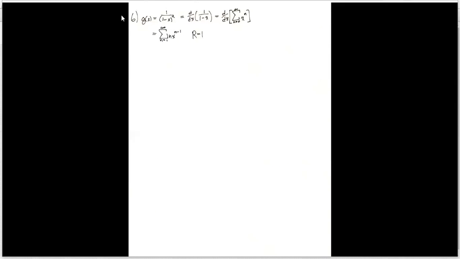Okay, so that leads us to our next problem, number 7. We have h of x, and this is equal to the natural log of 5 minus x, right? What is the power series of h of x?